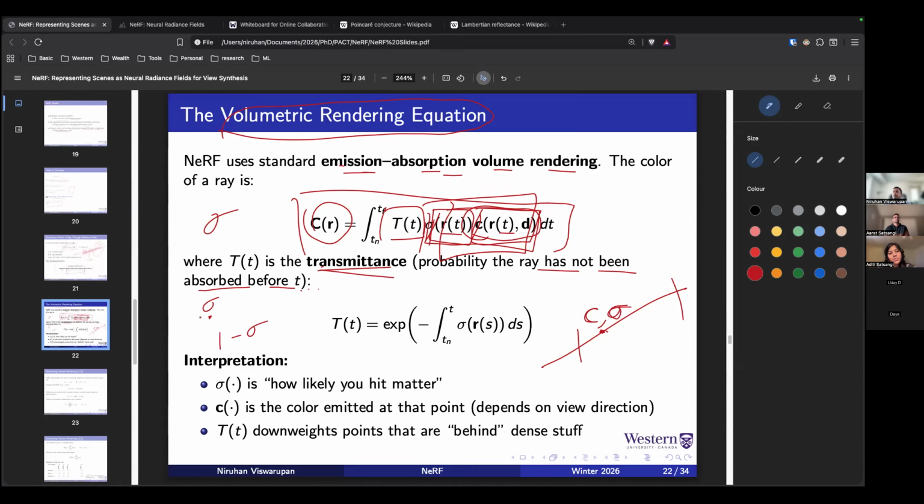If there is a very solid block here, the sigma will be high, then 1 minus sigma will be close to 0. You get it, right? So we don't need to learn or parameterize this transmittance using anything else. You can just use the same thing, density, to parameterize transmittance, and this is the formula that they have used.